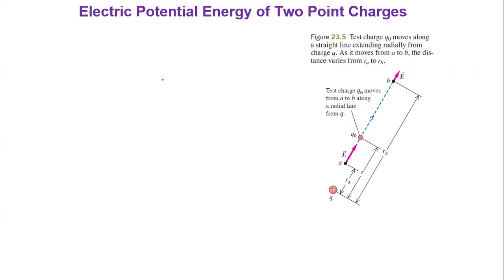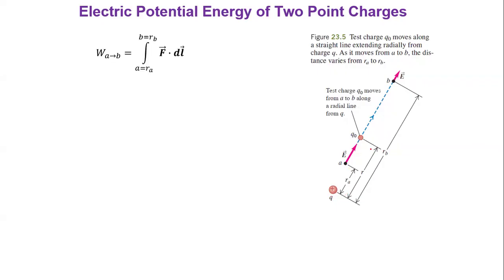Say, for example, you have a positive charge Q here. You want to move a test charge from A to B in the presence of the positive charge Q. Point A has a radius RA and point B has a radius RB, while the radius from the positive charge to the test charge is just R.